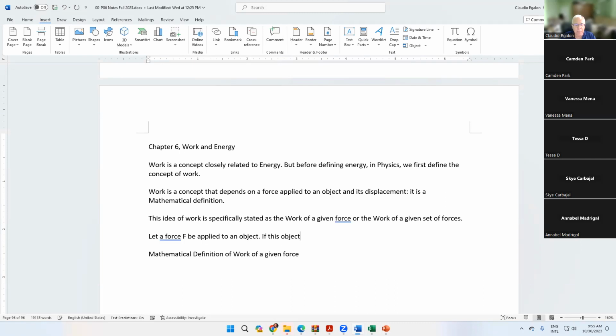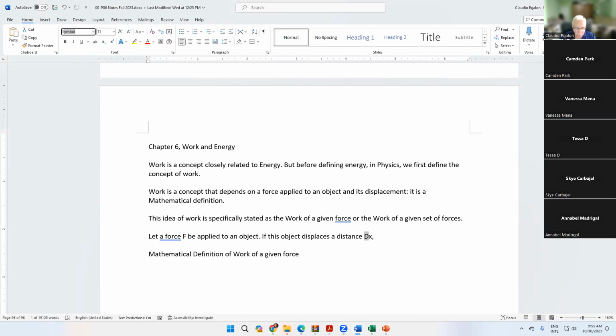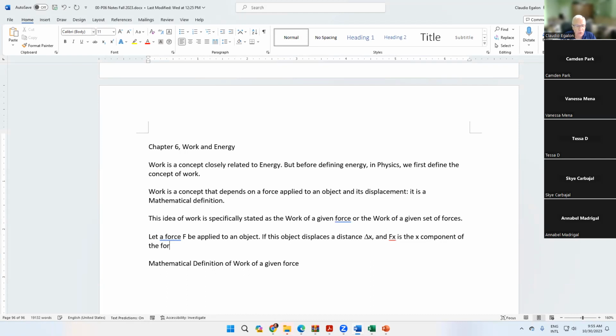If this object displaces a distance delta x, and F sub x is the x component of the force F along the displacement, okay?